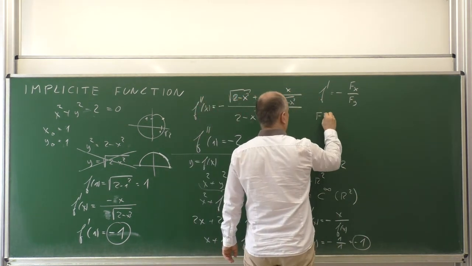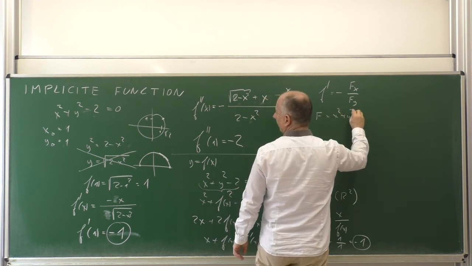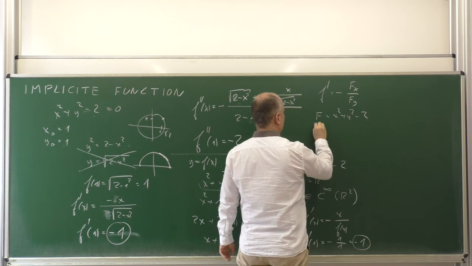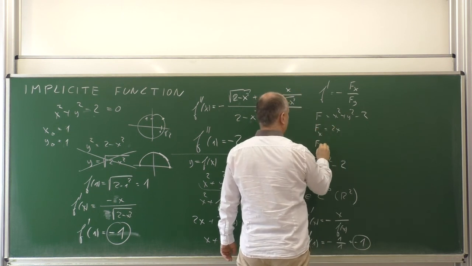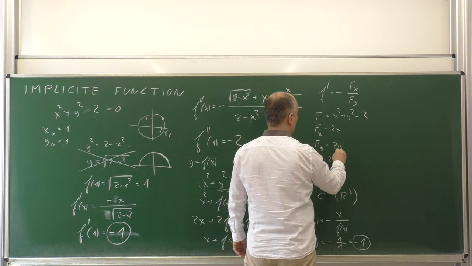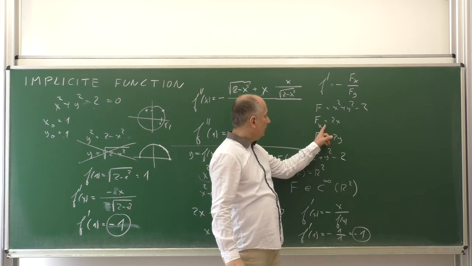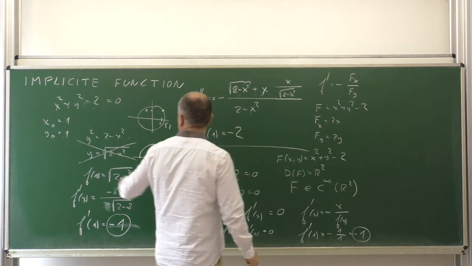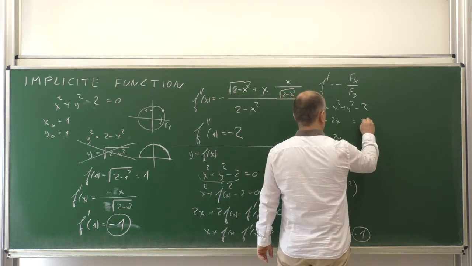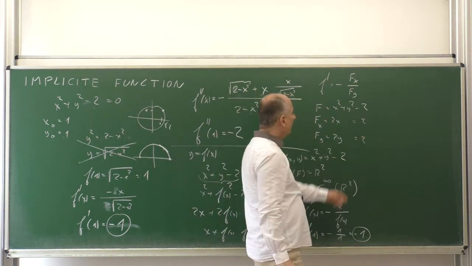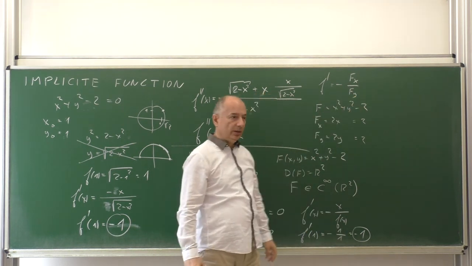Because when we have capital F being x squared plus y squared minus 2, then the derivative with respect to x is 2x, the derivative with respect to y is 2y, and either we can evaluate these two derivatives at the point 1, 1 to get 2, 2, and then we have minus 2 divided by 2, which is again minus 1.